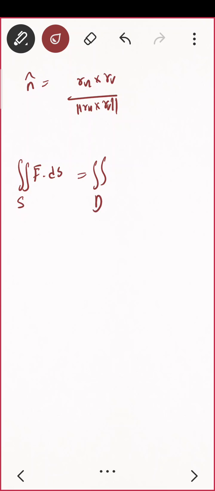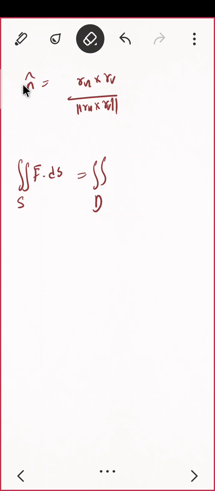So I'll write that D. And if you are not comfortable with that norm part, you can do one more thing here. If you don't want to find n cap, you can do as you did in line integral. Do you remember what the definition was in the line integral? That will make it easy actually.